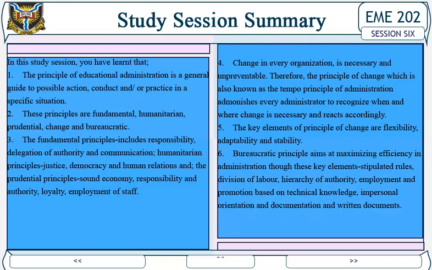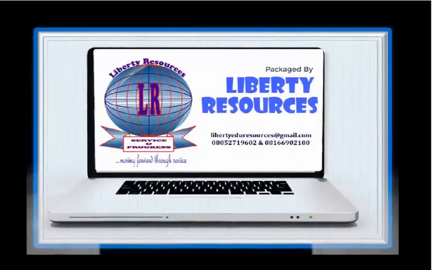D. Employment and promotion based on technical knowledge. This element of bureaucracy stresses that only persons who have demonstrated adequate technical training are qualified for positions in an organization. In essence, in educational institutions, the employment and promotion of staff must be based on the technical knowledge or competence of the staff, that is, on merit, ability and experience, rather than favoritism, tribalism, religious affiliation, and so on.